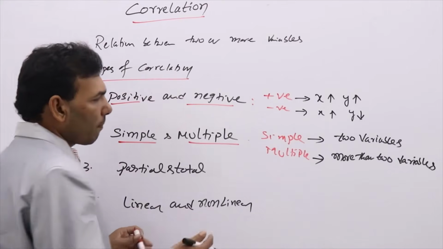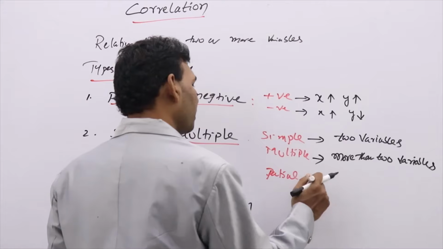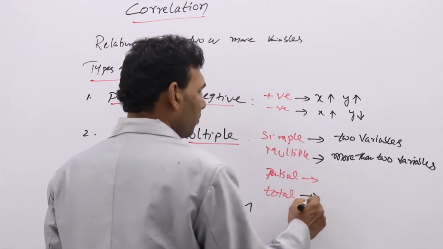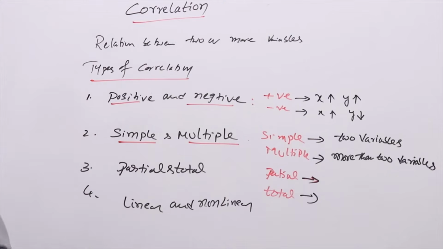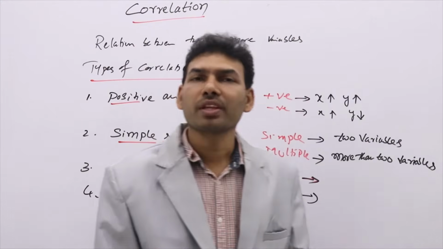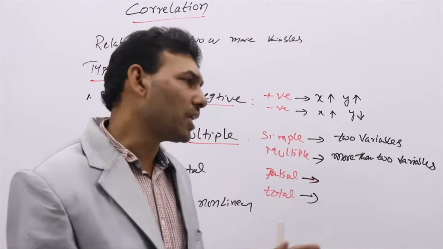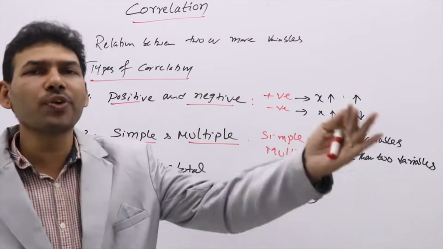Coming to partial and total correlation. Partial correlation means the study of two variables excluding some other variables. You are studying more than two variables like multiple, but excluding a few variables.